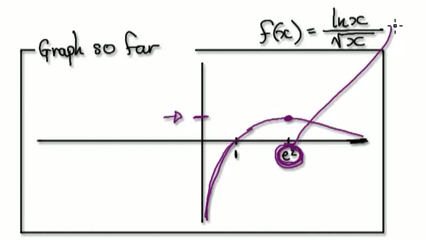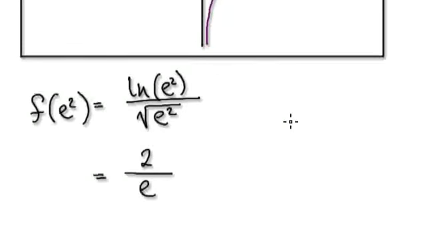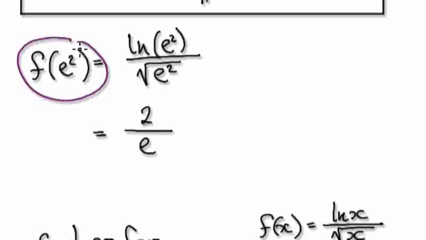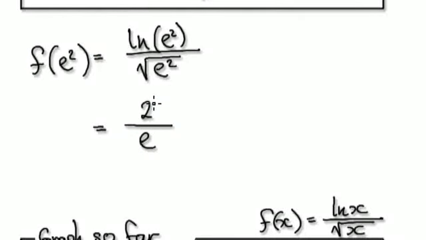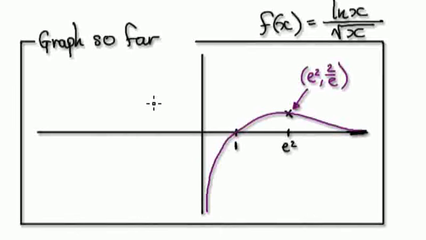So let's put e squared into here and into here, which will give us the y value at that point. So basically, it's us evaluating this. When you evaluate this, it gives you this. So we know that the turning point is right at e squared, 2 over e. So the turning point will be like this.